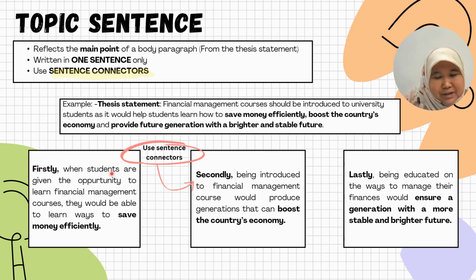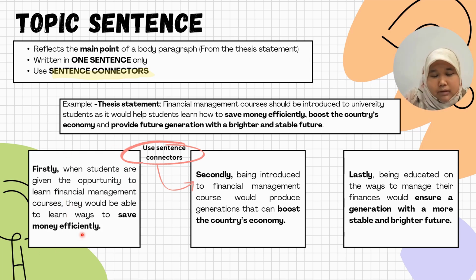Firstly, when students are given the opportunity to learn financial management courses, you paraphrase from the topic that you got, and then you state your point. So, firstly, when students are given the opportunity to learn financial management courses, they would be able to learn ways to save money efficiently. That is the first topic sentence, for the first body paragraph.